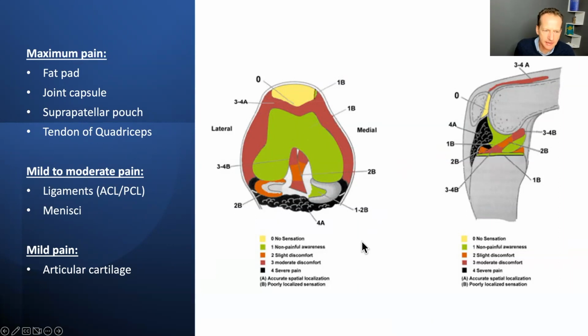Surprise of surprises, articular cartilage had mild to no pain, including the surface underneath his kneecap. And what was interesting to find out is that on the MRI picture, his cartilage under the kneecap was in a terrible shape.